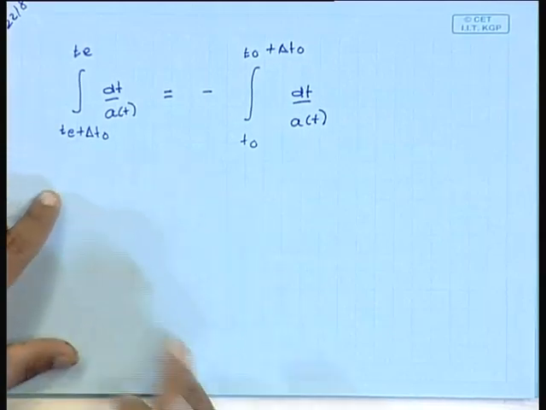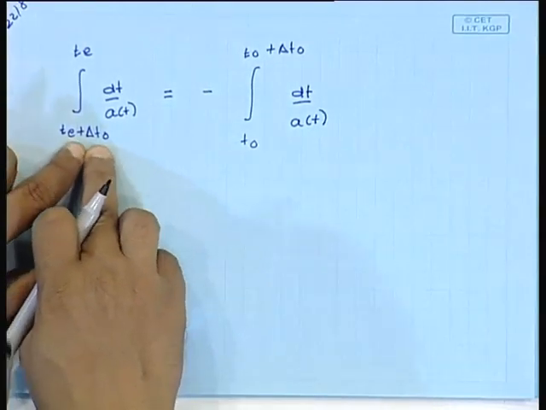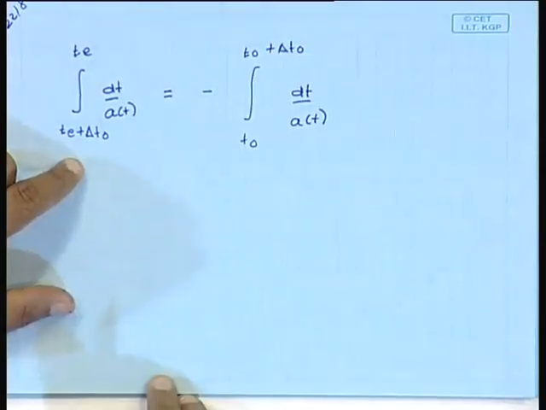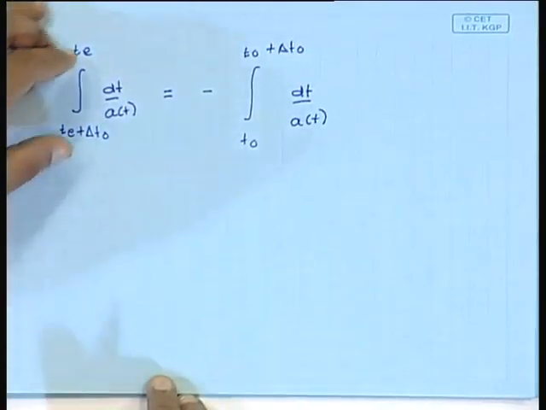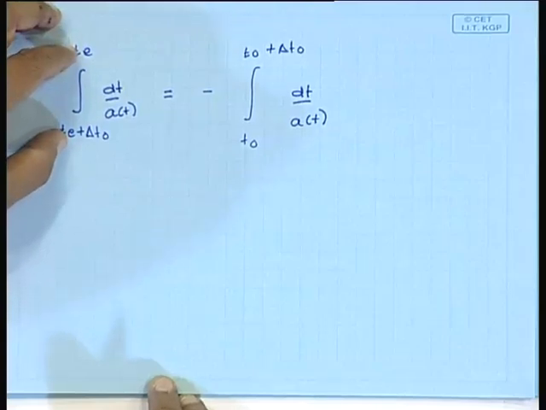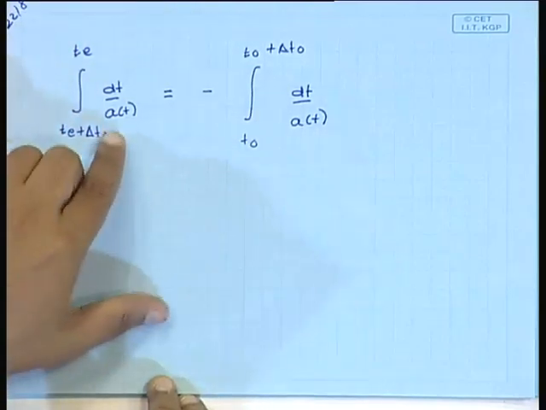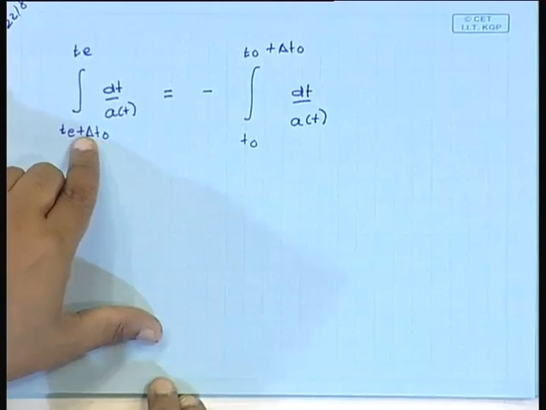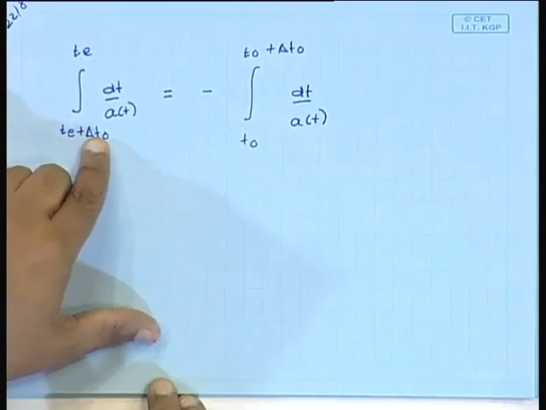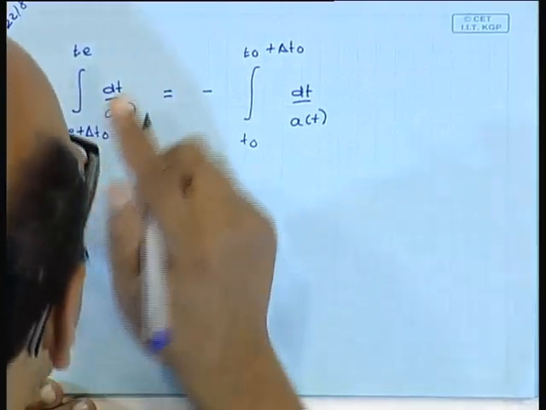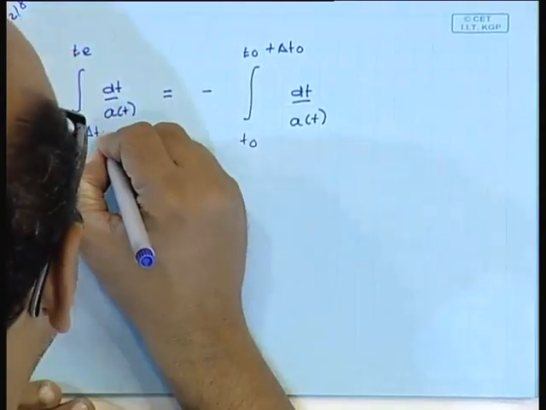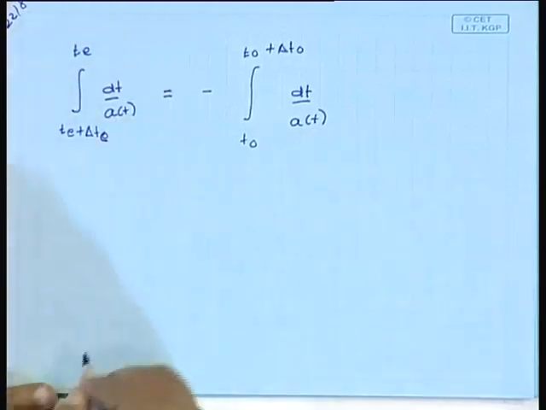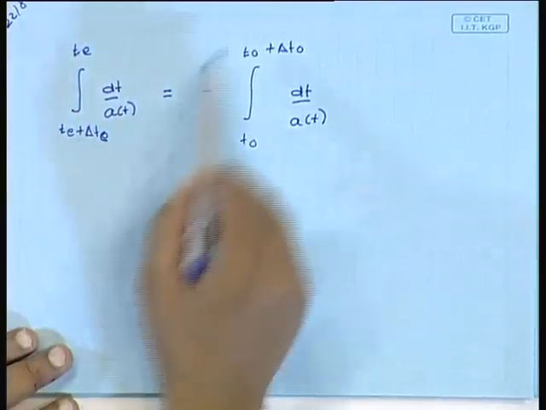Now, this delta T observed and delta T emitted are extremely small, infinitesimals. So, for infinitesimals, this integral can be replaced by the value of at into this. Okay. So, assuming that delta T emitted and delta T observed are both small, this is all emitted, this is all observed.